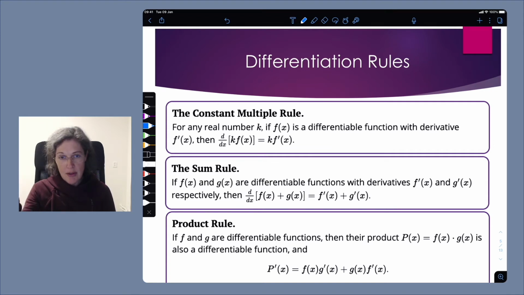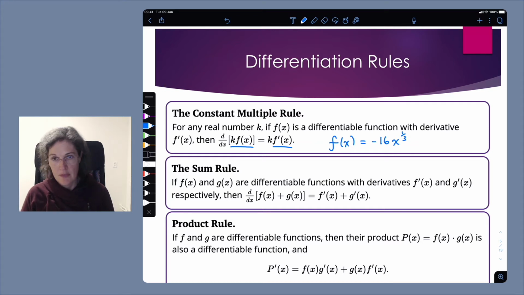So if we've got something, for example, we've got a constant multiplying a function, then the derivative is just the constant times the derivative of the function. So if, for example, I have a function f of x is equal to minus 16 times x to the 1/3, then this rule says, well, what I've really got is some constant, i.e. minus 16, multiplying this function here.